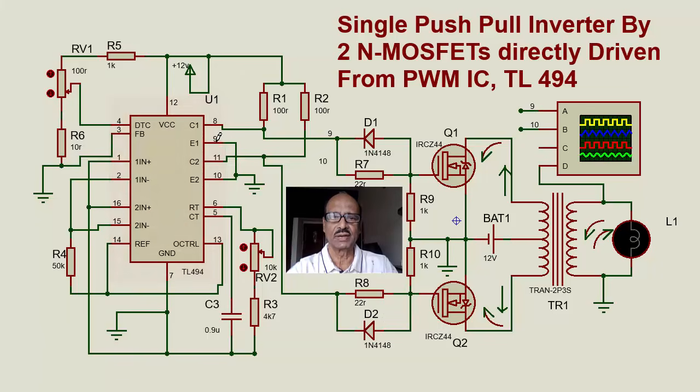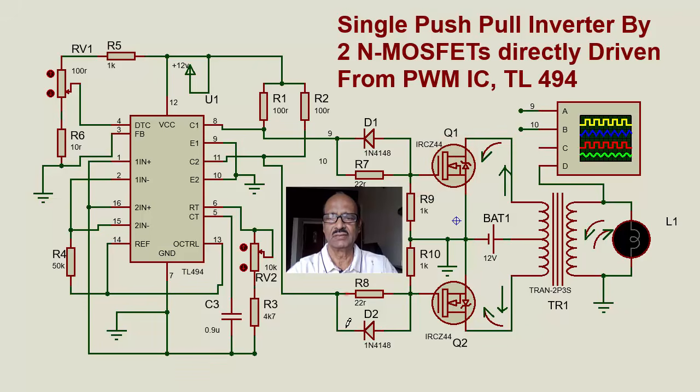So this is collector 1 and emitter 1. Emitter 1 and emitter 2 are grounded, and collector 1 and collector 2 are pulled up by some resistor, and then it goes to drive the MOSFET directly. In the arrangement we have made here, when this goes high, the current flows through this resistor and makes this high. In the process, this conducts.